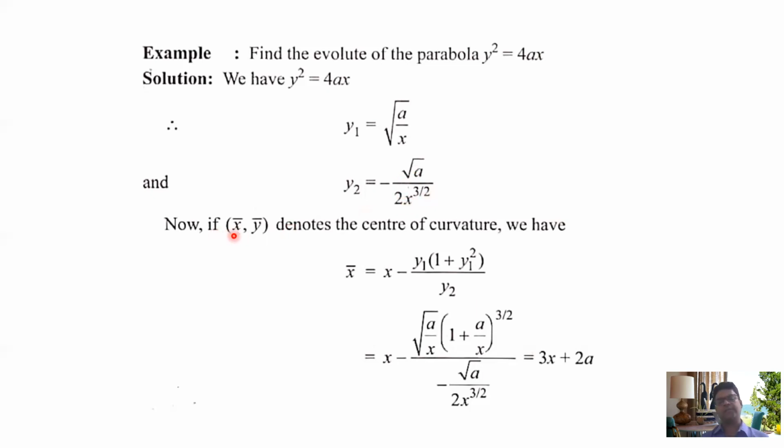Now if x bar, y bar denote the center of curvature, then we have x bar is equal to x minus y1 into 1 plus y1 whole square by y2. That is x minus root under a by x into 1 plus a by x whole to the power 3 by 2, by minus root a by 2 into x to the power 3 by 2.